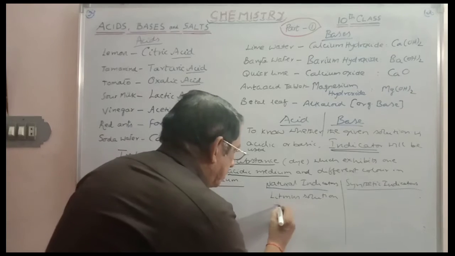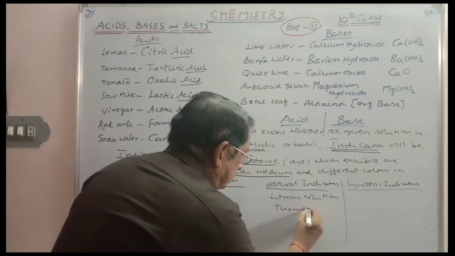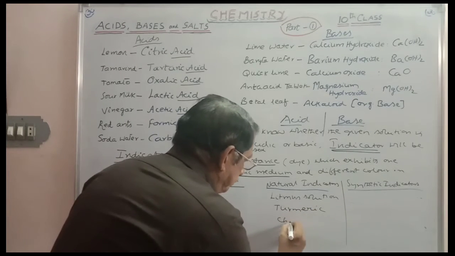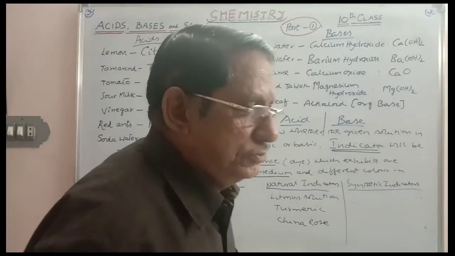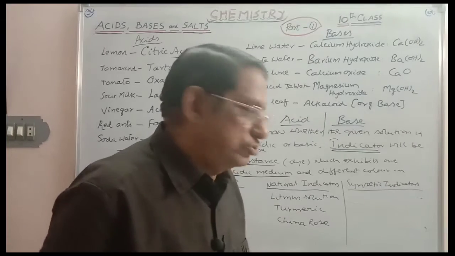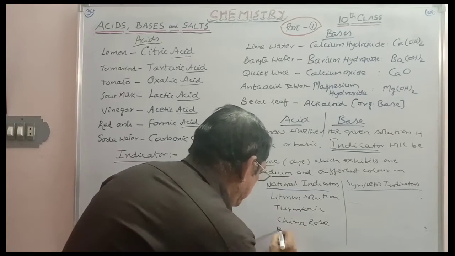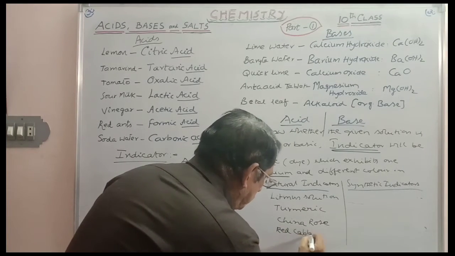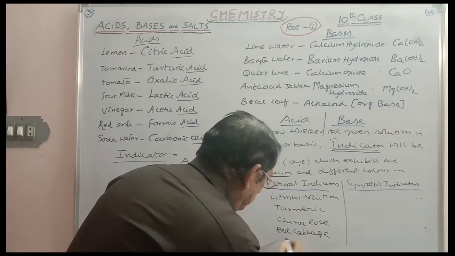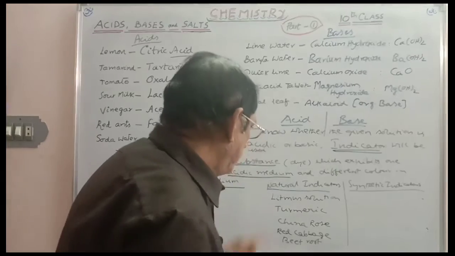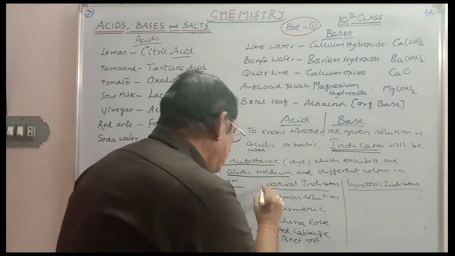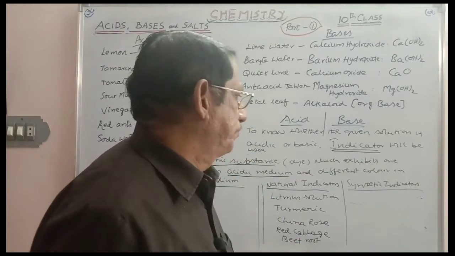Similarly, you can take turmeric, China rose. You can use red cabbage, beetroot. All these are nothing but natural indicators, right?